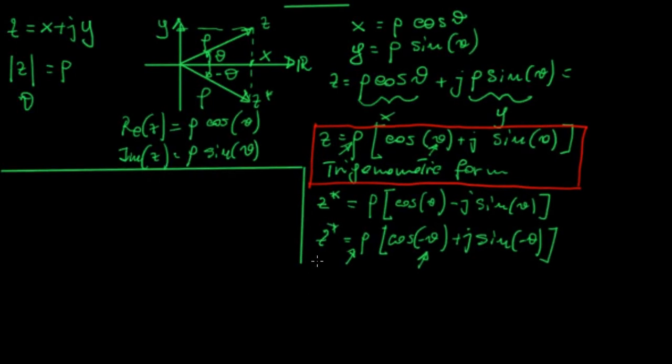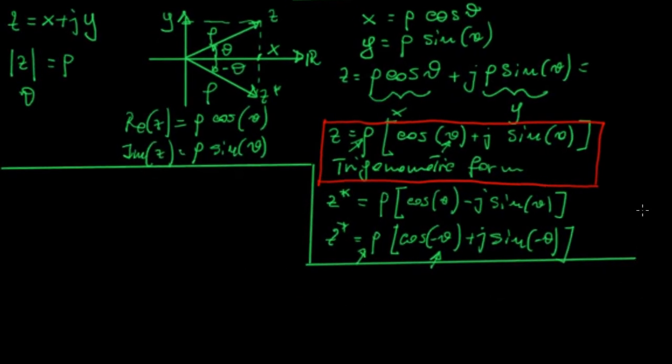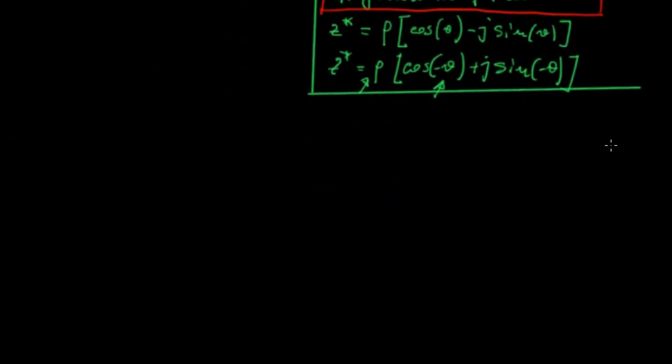Okay, let's make an example just to fix the new ideas that we have found. Let us consider the number z given in trigonometric form as 5 times the cosine of 4 pi over 3 plus j the sine of 4 pi over 3.